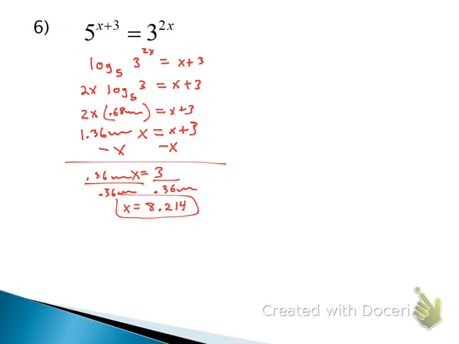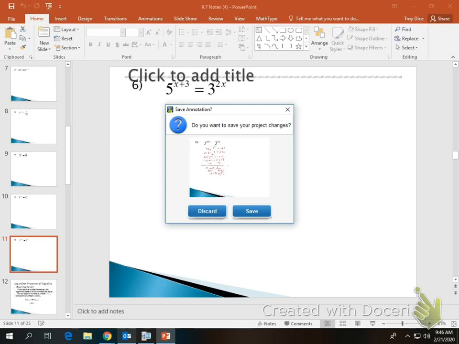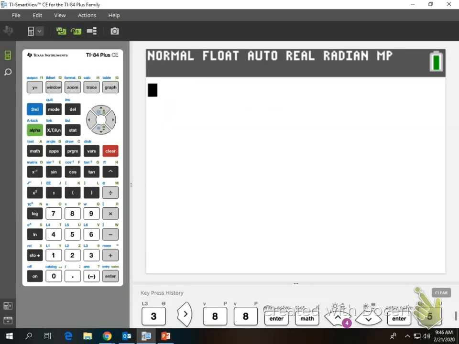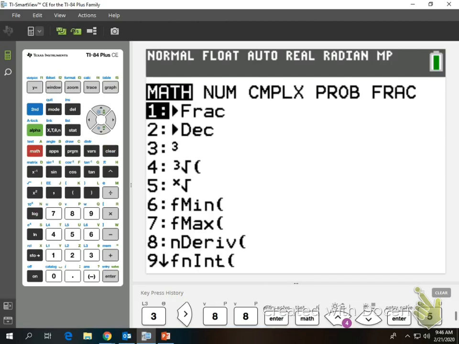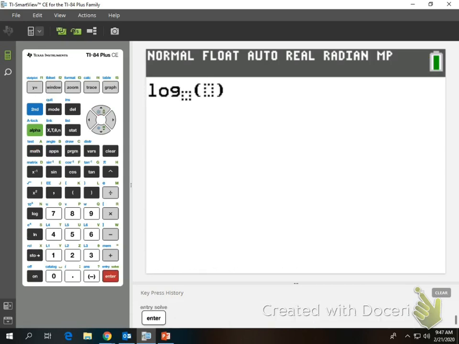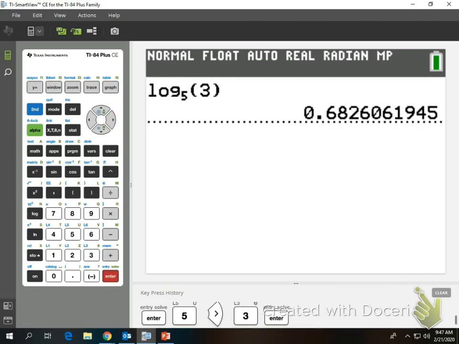Okay, let me make sure we're clear on how we do that on our calculator. Guys, look up here. We went log base 5 of 3, right? Then what did I do?